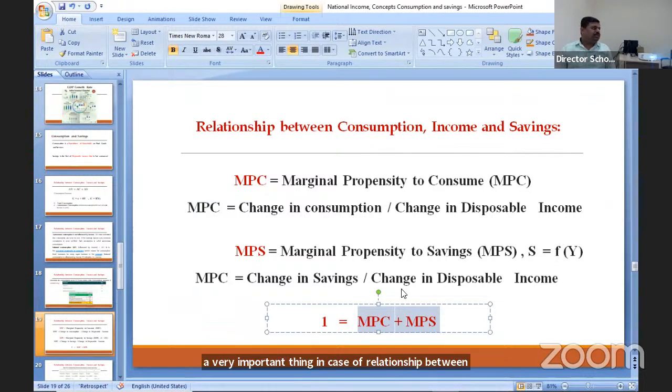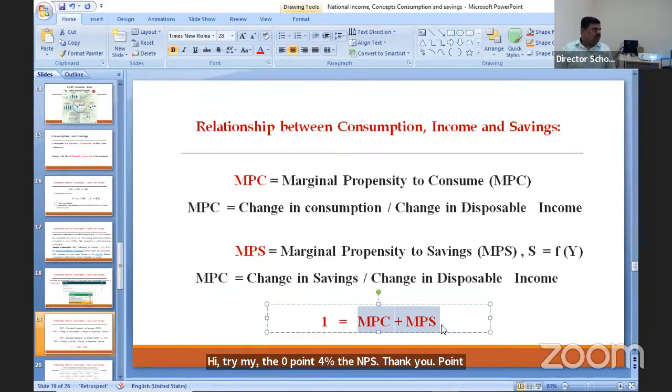and savings. Okay. If we have the value of MPS, then what will be the value of MPC? Is there anyone online students? If the value of MPS is 0.4, then what will be the value of MPC? काय व्हॅल्यू राहील जर 0.4 जर एमपीएस ची व्हॅल्यू असेल तर एमपीसी ची व्हॅल्यू काय राहील? 0.6.